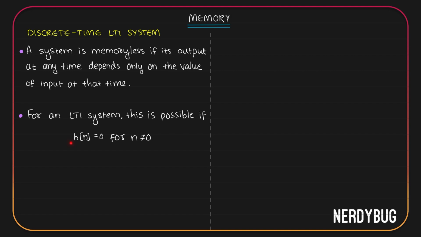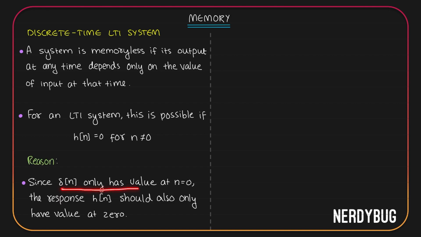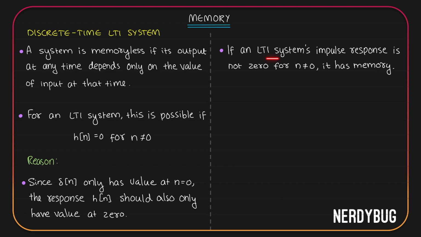That is, the output h of n should be 0 for all n that is not equal to 0 since the input impulse sequence only has value at n equal to 0. Since delta of n only has value at n equal to 0, the response h of n should also only have value at 0. This implies that if an LTI system's impulse response is not 0 for any value of n that is not equal to 0, then we can say it has memory.